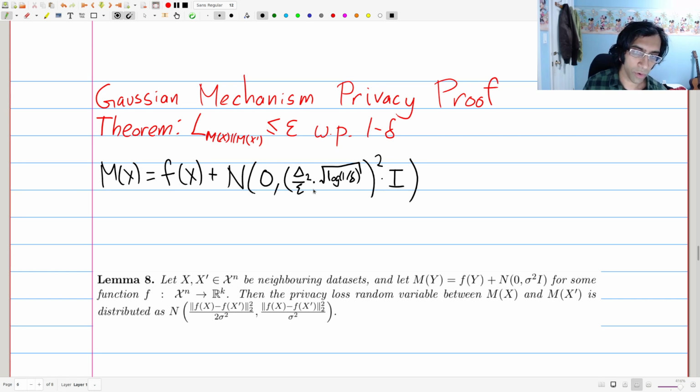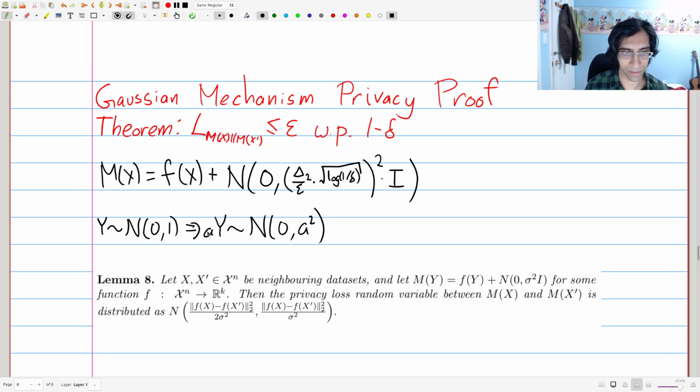Okay, before we continue further, I'm going to remind you of some basic facts of Gaussians, which we're going to use. These facts essentially say that Gaussians are linear in terms of their variance. Let's say y is distributed according to N(0, 1). Then if a is a constant, a times y is distributed as N(0, a squared). So if you multiply it by a number, that multiplies its variance by the square of it.